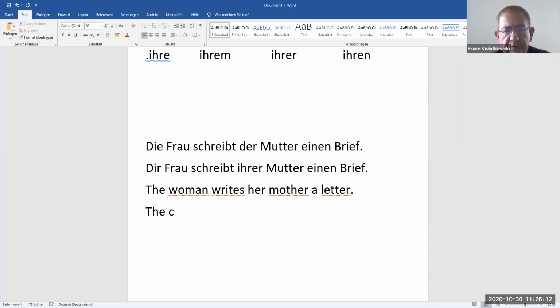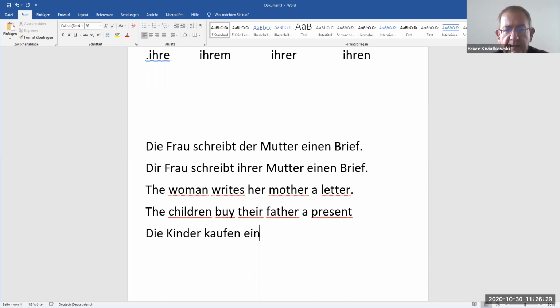Do another example. We'll say the children buy their father a present. Okay? I could do it with the accusative case. Die Kinder kaufen ein Geschenk für ihren Vater.